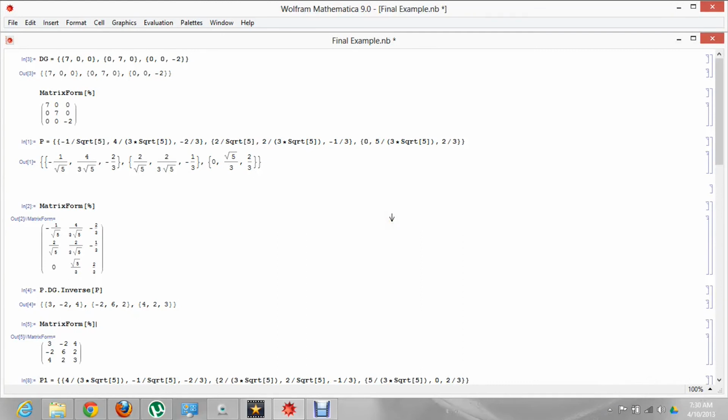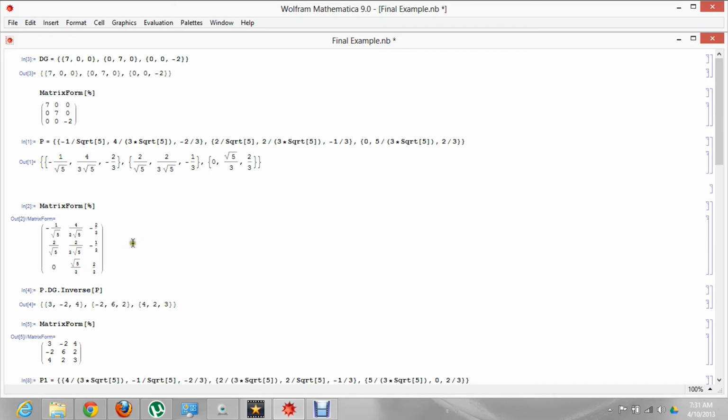So in this Mathematica program, I have stored the matrices that we need for this particular example. The first is our diagonal matrix. I've stored it as DG because D is a reserved symbol in Mathematica. But we see the matrix 7, 7, minus 2 on the diagonal. I also stored as P the matrix that we came up with, and it looks slightly different down here just because the only thing that's different is this very bottom entry, but it simplified this entry so that we actually had a radical in the top, not in the denominator.